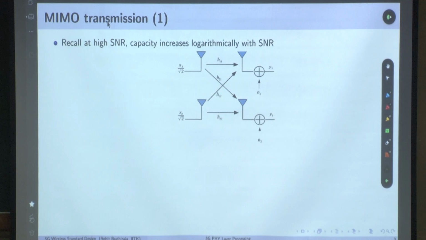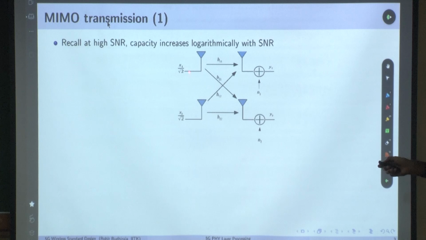Can you do something like that in the high SNR regime? Yes, you could, and that is where the concept of multiple transmit and multiple receive antennas comes into the picture. Till now, what we have considered is either multiple transmit antennas or multiple receive antennas.